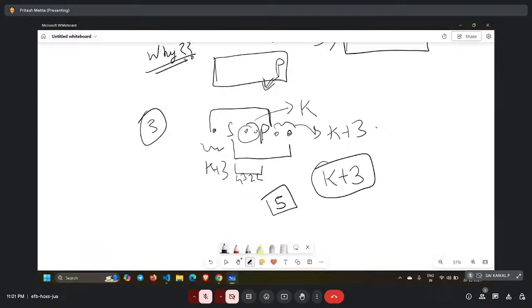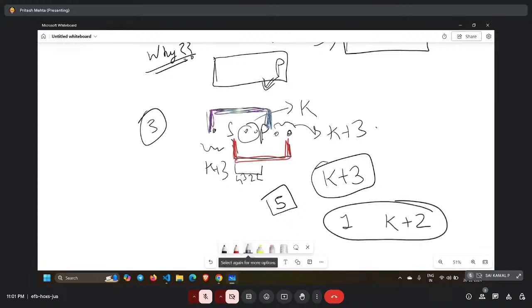Since both arrays, the one colored in red and the one colored in violet, are permutations, both arrays should contain all elements from 1 to k plus 2, because the length of these two arrays is greater than or equal to k plus 2. Therefore all the elements should be present in them.